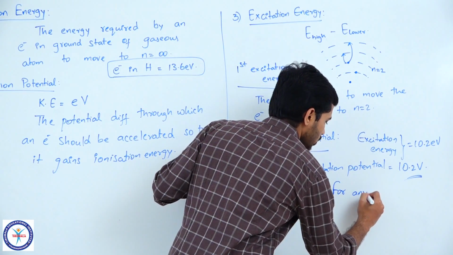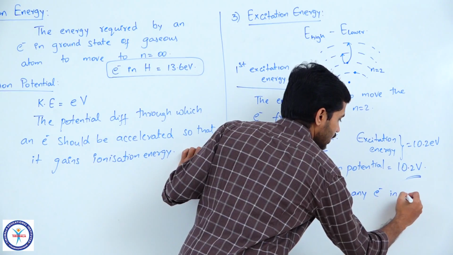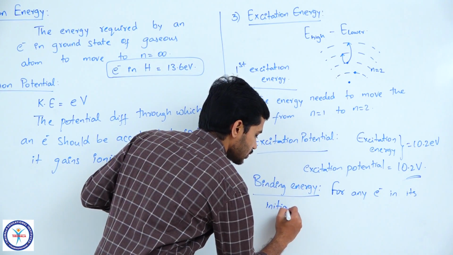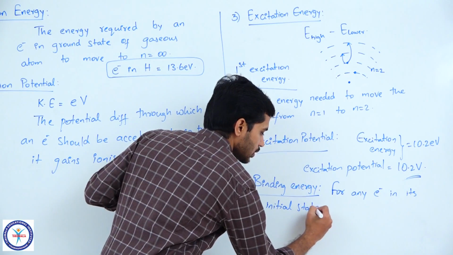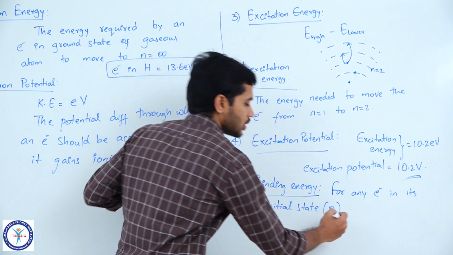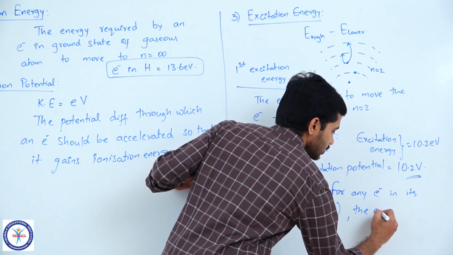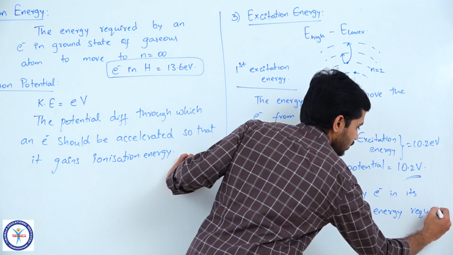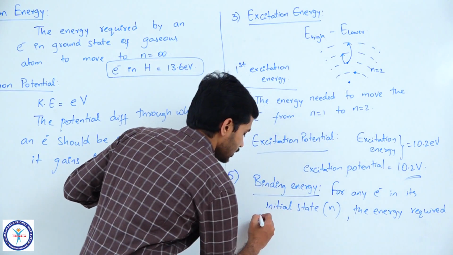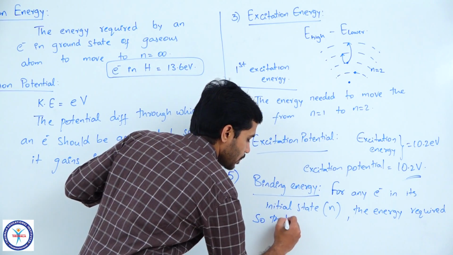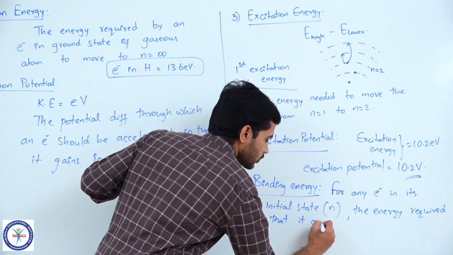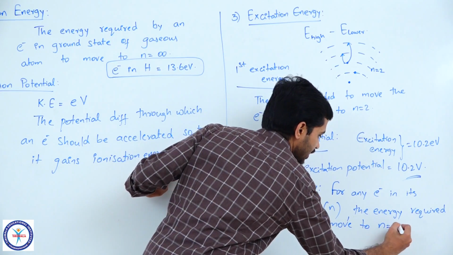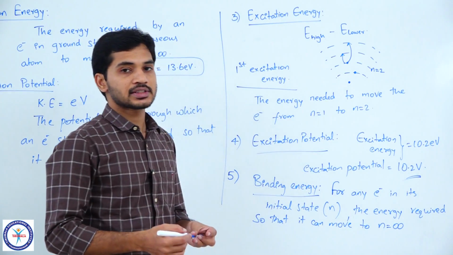So, we can say that for any electron in its initial state, let us call it n, the energy required so that it can move to n equal to infinity is what we call binding energy.